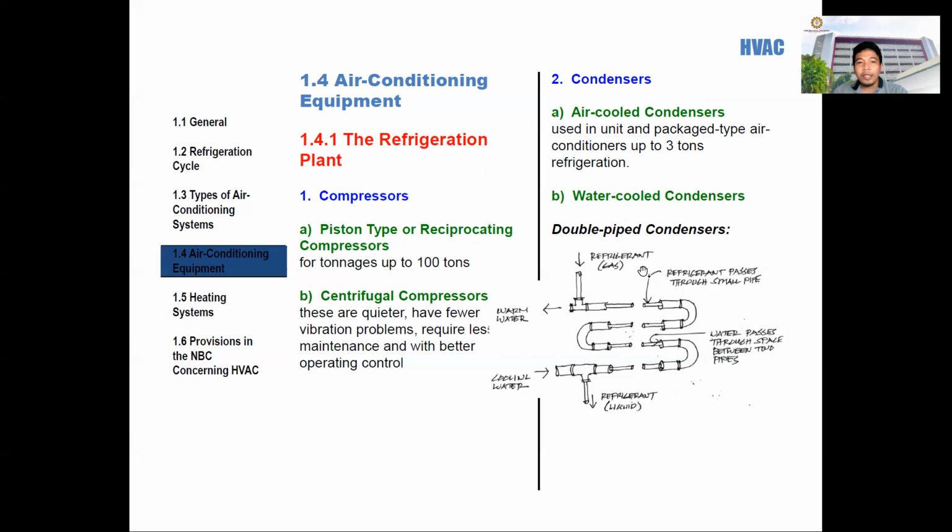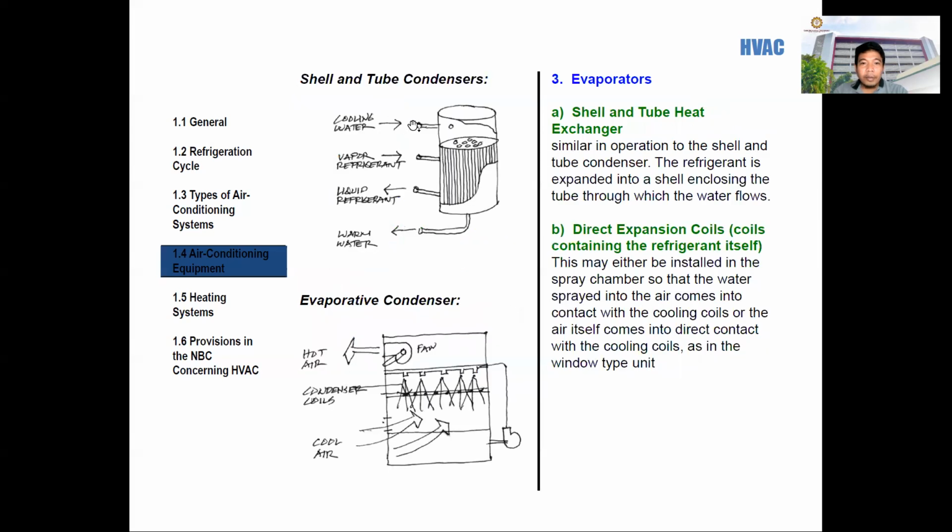We also have a shell and tube condenser, with cooling water, vapor refrigerant, liquid refrigerant, and then the warm water. Another is the evaporative condenser. You have hot air, a fan, condenser coils, and the cold air.